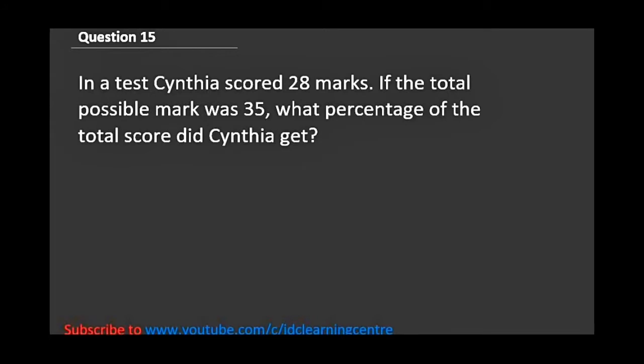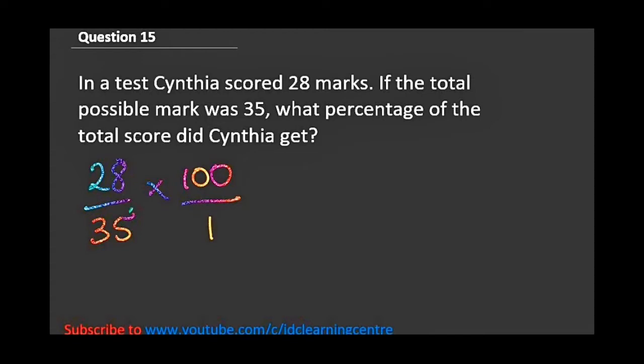Question 15. In a test, Cynthia scored 28 marks. If the total possible mark was 35, what percentage of the total score did Cynthia get? So she scored 28 out of 35. As a percent, you multiply by 100/1.